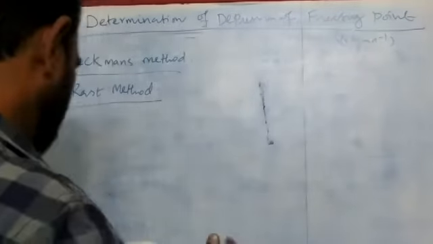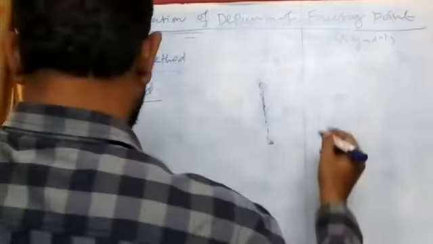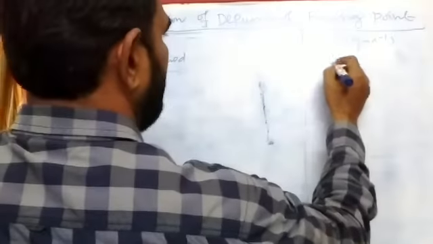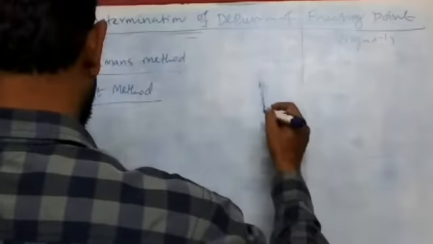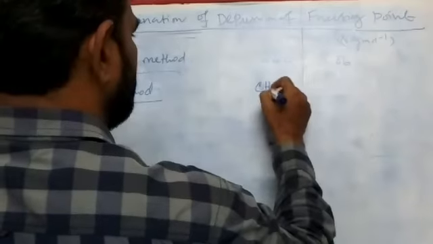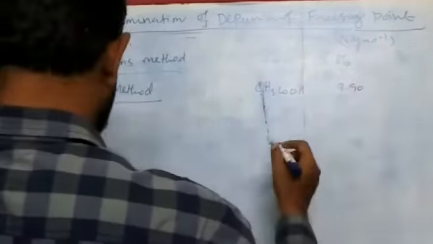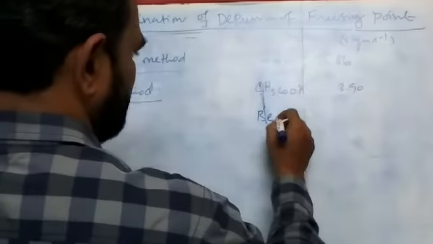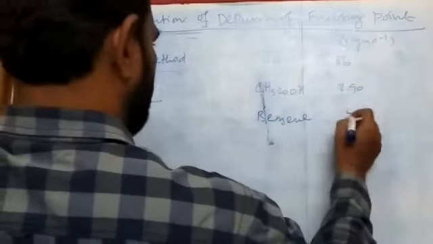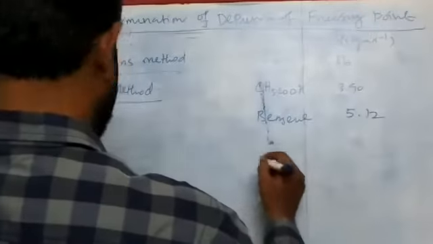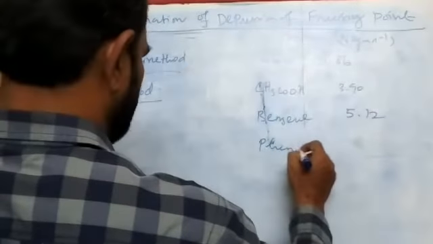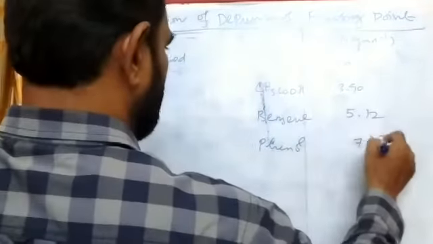Okay, water will have this value around 1.86. For acetic acid the value is 3.90. Benzene 5.12. Phenol is 7.27.